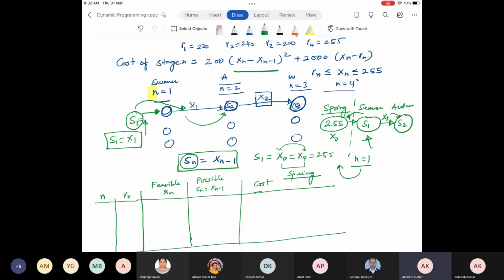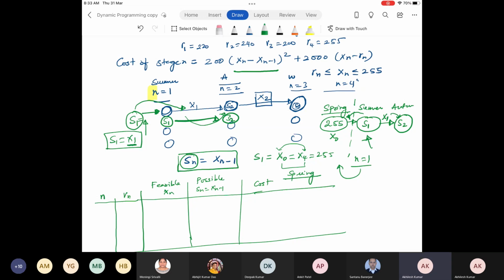So you are saying state of season 1 is equal to whatever decision you have taken. Yes, sir. So in state 1, I have taken a decision X1 that will take me to stage 2, right? What will you say about S2 then? Sir, because X1 is the employee level at the start of next season. X1 is not at the start. S1 is the start of the stage. X1 is the immediate decision you took for that stage, and that will take you to the state of the next stage.